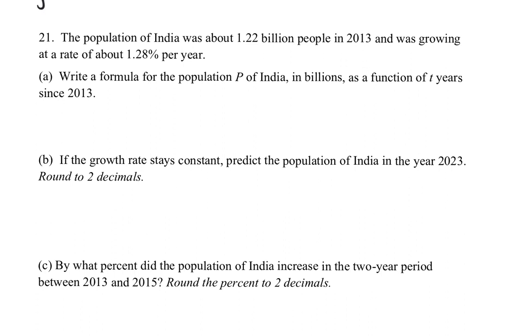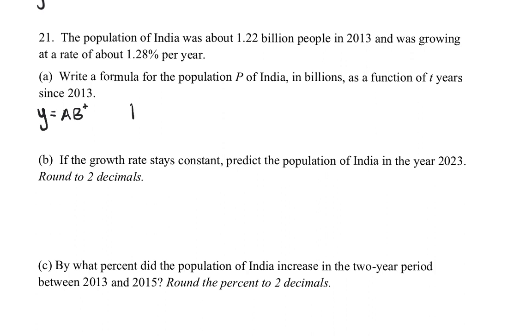So, since we're dealing with percentages again, we're going back to our equation. Y is equal to A times B to the T, where A is the starting value and B is the rate. And so A, our starting value, we know that the population was 1.22 billion in 2013. So that is our starting value.